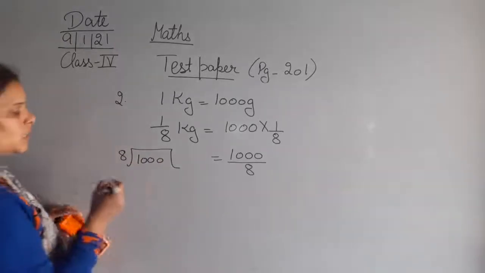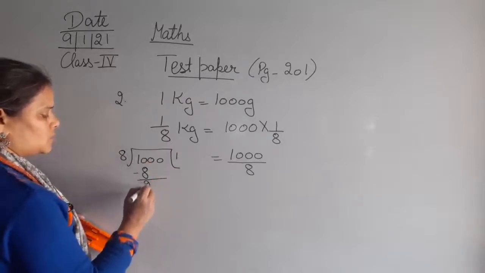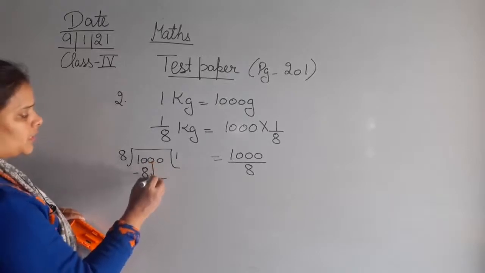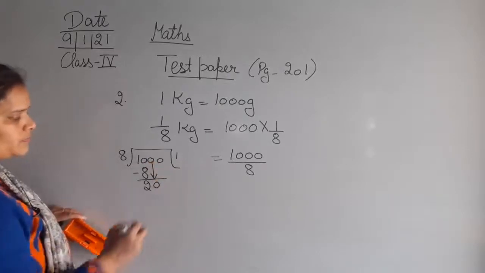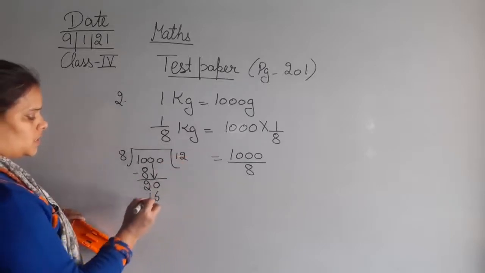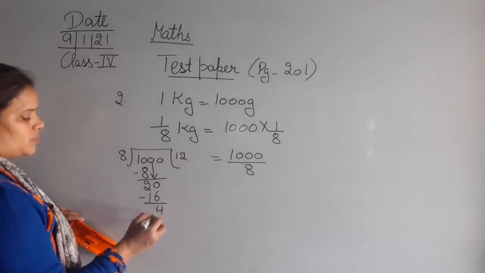Okay, 8 ones are 8. 10 minus 8 is 2. Clear? We will bring down 0, that is 20. 8 twos are 16. 20 minus 16 is 4.